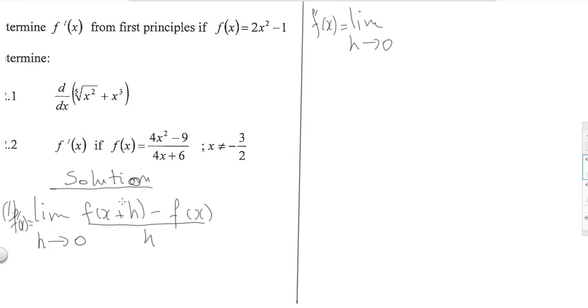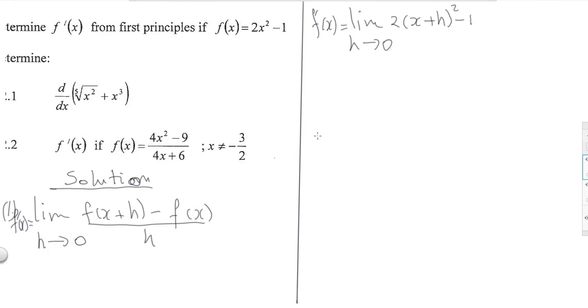So many students or learners have a problem applying this formula, okay? F of x plus h means we take 2x squared minus 1, where we see x, we put x plus h, all squared, then minus 1.